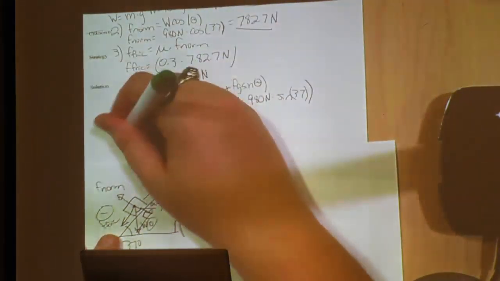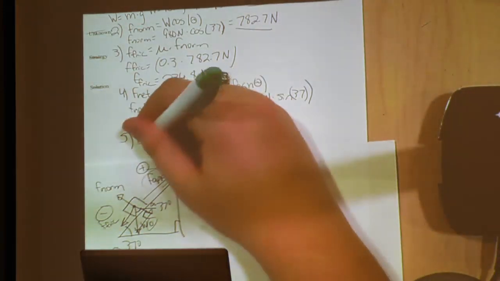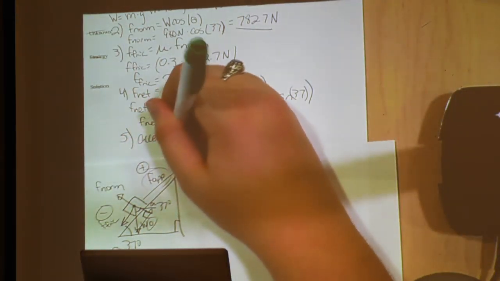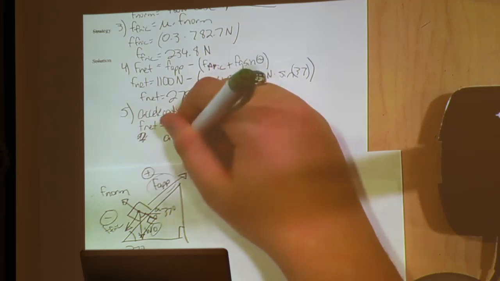And then the next part is to go ahead and find acceleration. F net is equal to mass times acceleration. That's a force property, not kinematics, I'm sorry. We're solving for acceleration, so we can rewrite this as a equals F net over mass.